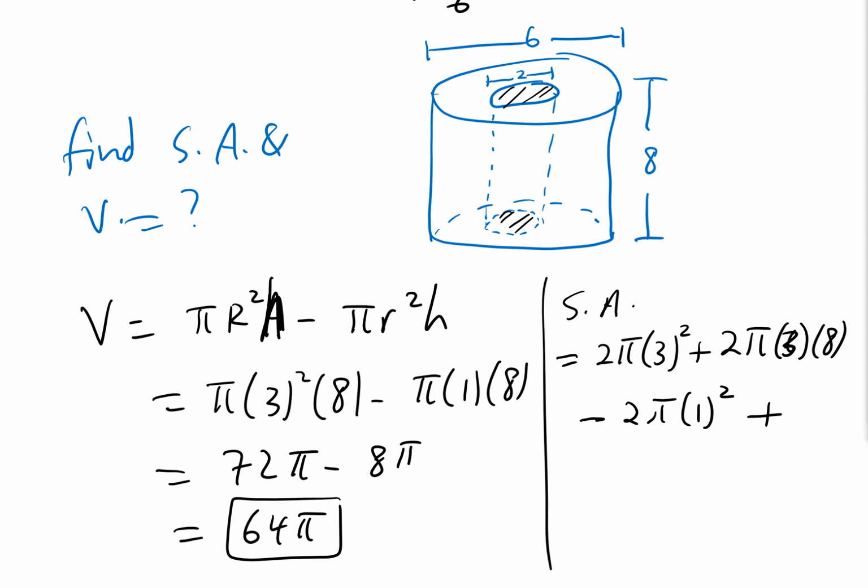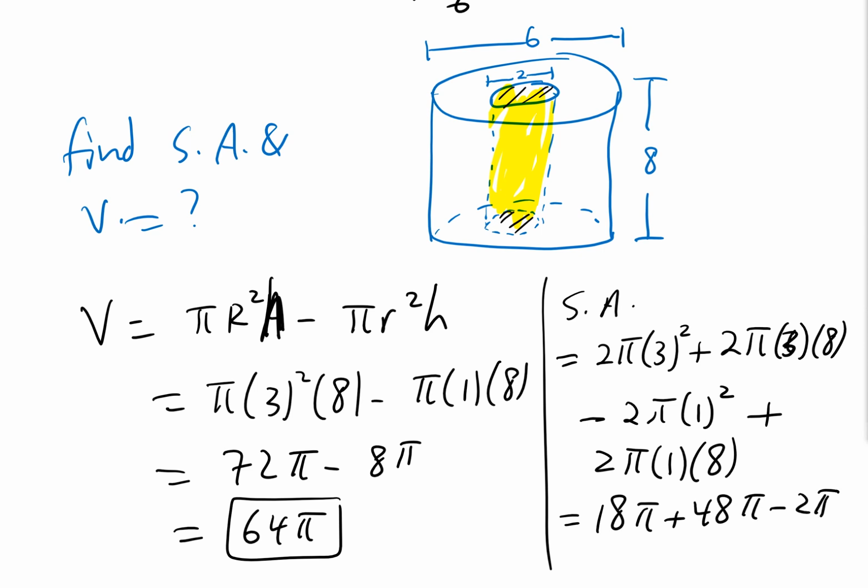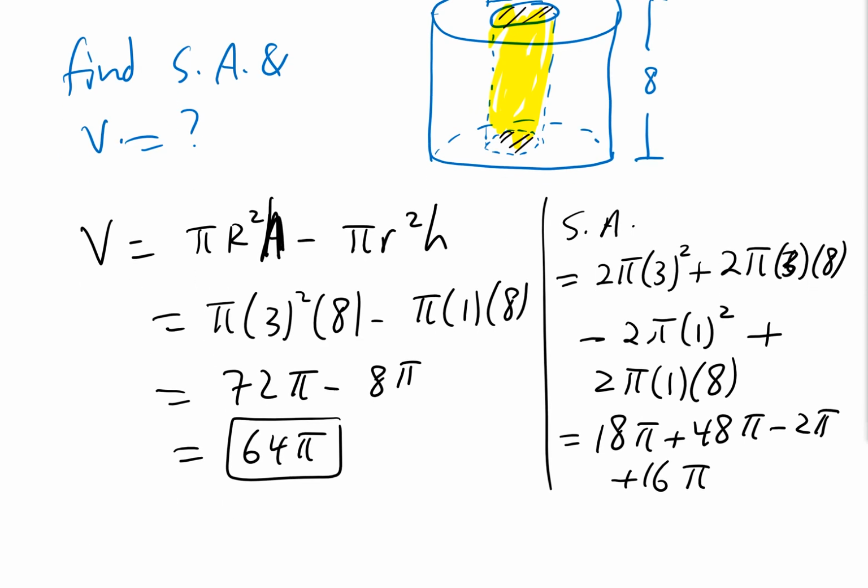Do you see the inside of the highlighted part? That is part of the surface area. So that's 2 pi r, with r equal to 1, times the height. 18 pi, plus 48 pi, minus 2 pi, plus 16 pi. I'm sure you can add this up. 80 pi.